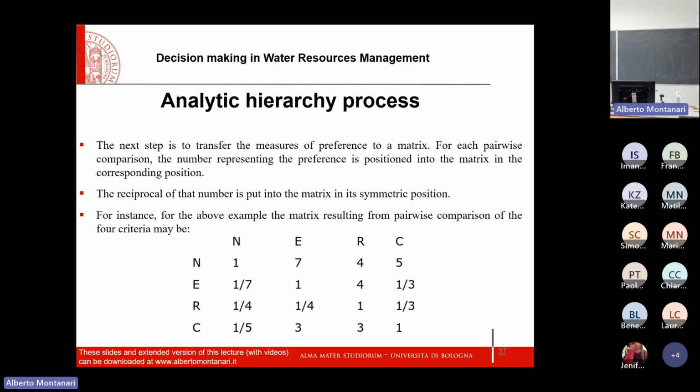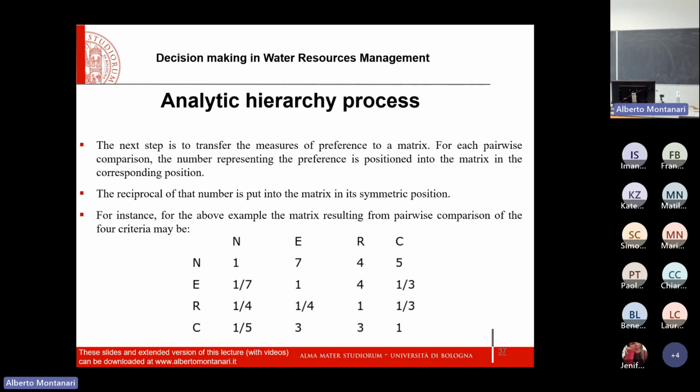So if I say that the net benefit has a score of 7 with respect to the environmental impact and a score of 4 with respect to the river flow, it means that the environmental impact is less important than the river flow. So when I compare the river flow with the environmental impact, I need to make sure that I am consistent with the evaluation that I made.